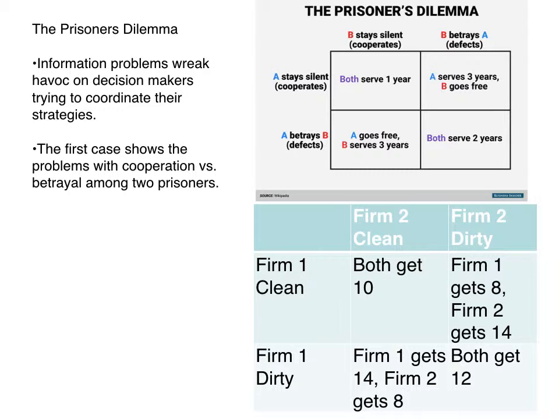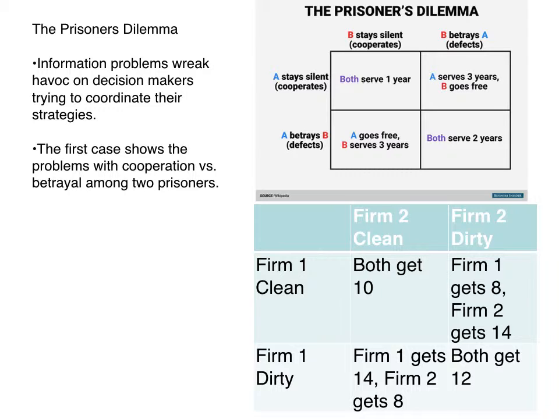But there is an incentive, and the law enforcement individuals would serve to exploit this, to have either person B betray A, to defect or confess, as your book says, and vice versa. You could have person A betraying B, and then B would serve 3 years. Now, if both parties defect, both parties would serve 2 years.